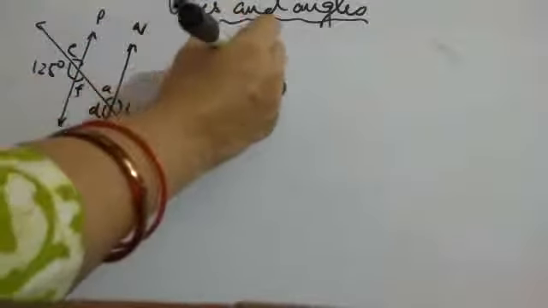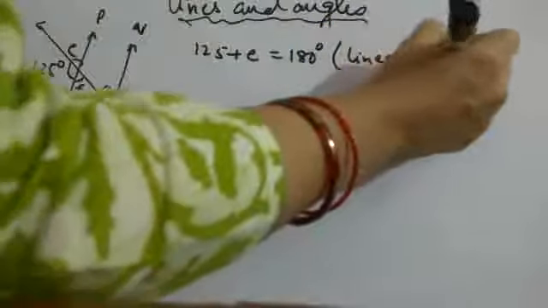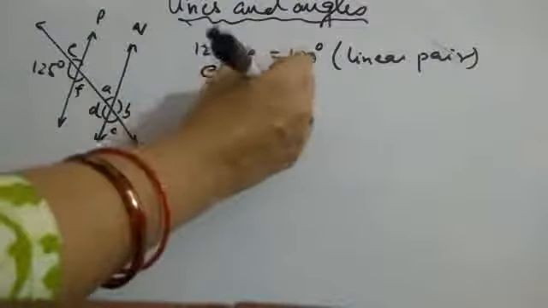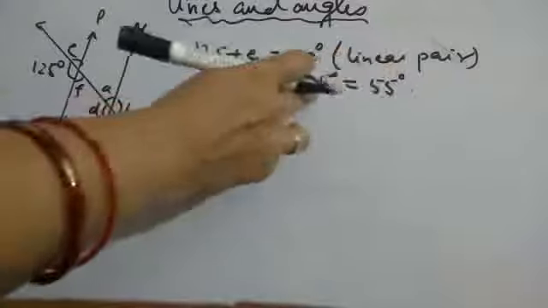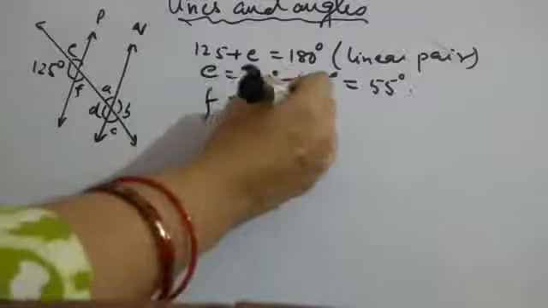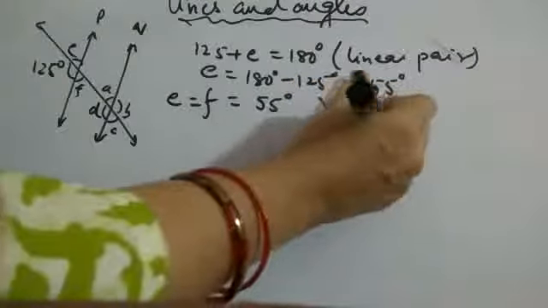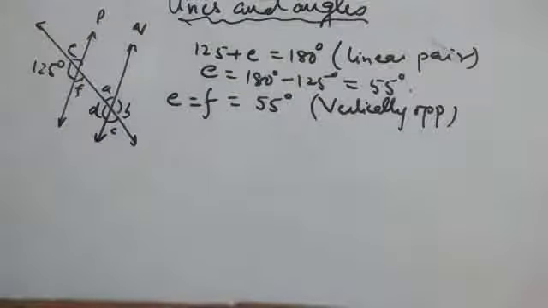The first thing we can do is 125 plus E will be 180 degrees, linear pair. So E will be 180 minus 125, that is 55 degrees. So E is 55. Now F is also 55, because E is equal to F is equal to 55. These two are vertically opposite.